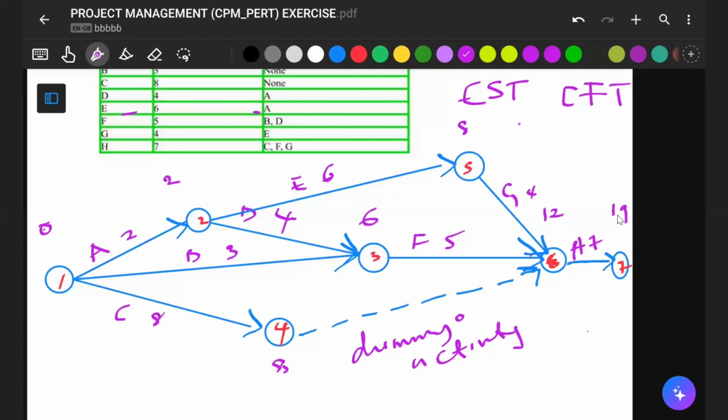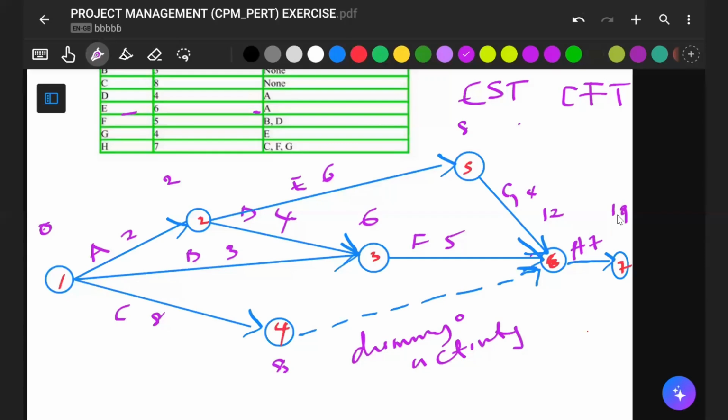So we just finished what we refer to as the forward pass. All the figures you have so far are your starting times and finishing times, the earliest starting times and earliest finishing times. Now we need to look for the latest.